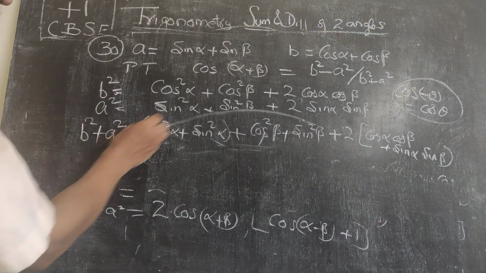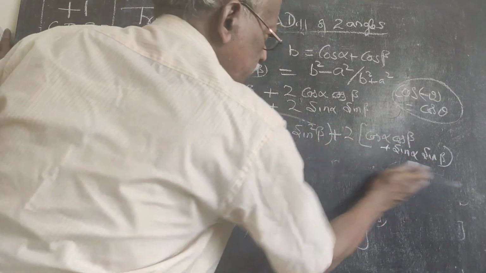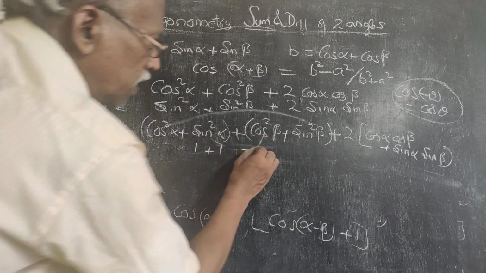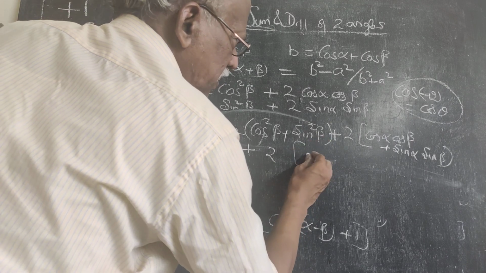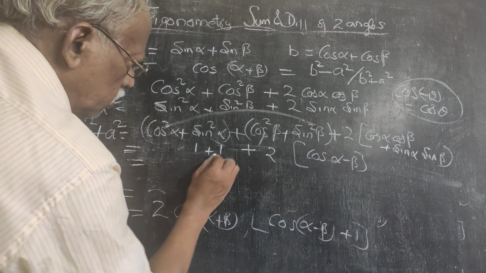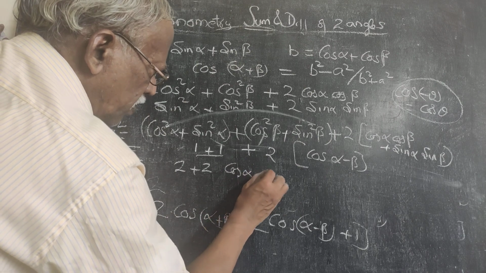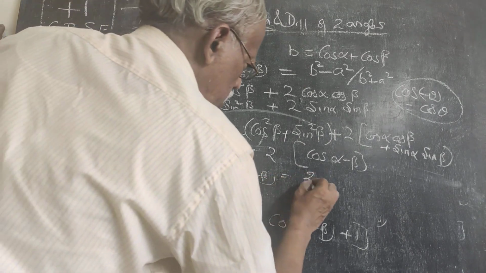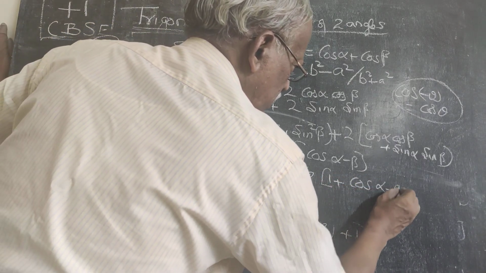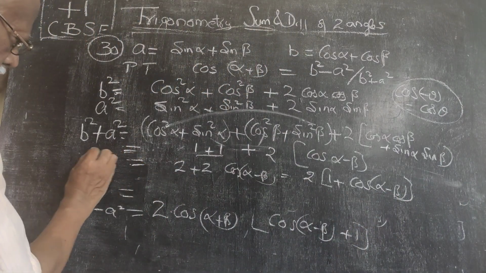So when I am adding these two, this becomes 1, this also becomes 1, and this becomes 2 times of this. As a result, this becomes 1 plus 1, and here is 2, cos A cos B plus sin A sin B, therefore it is cos of alpha minus beta. So this is 2 plus 2 times cos(alpha-beta). Taking 2, I am getting 1 plus cos(alpha-beta). That is b square plus a square.